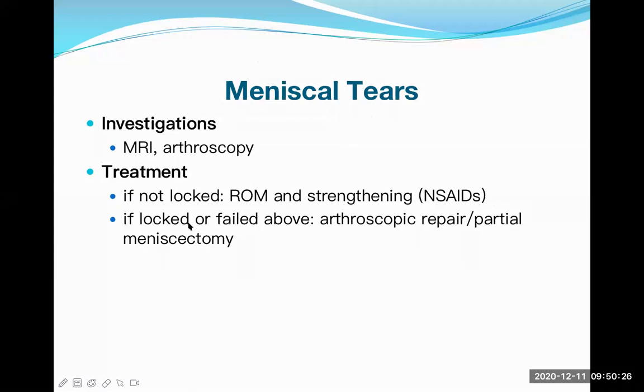But if the knee joint is locked, or if the above measures fail, then arthroscopic repair or partial meniscectomy can be done. This is the use of arthroscopy to repair the meniscus if it is possible. If we cannot repair it, then we remove the meniscus. That is called meniscectomy.